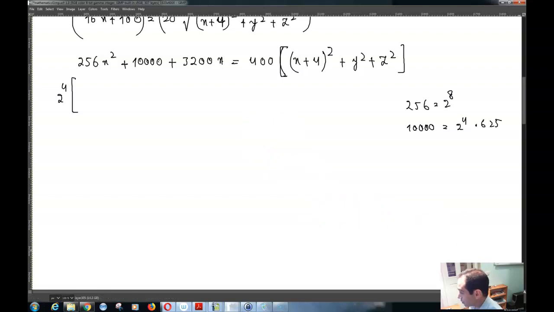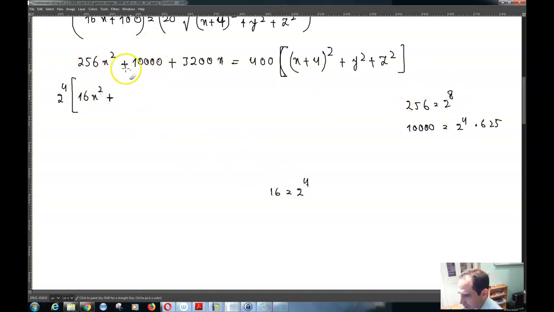So then what I can do is that 2 raised to the power 8, so I get 2 raised to the power 4, which is equal to 16x squared. So 16 is the same thing as 2 raised to the power 4. So 2 raised to the power 4 times 2 raised to the power 4 is equal to 2 raised to the power 8, which is 256.